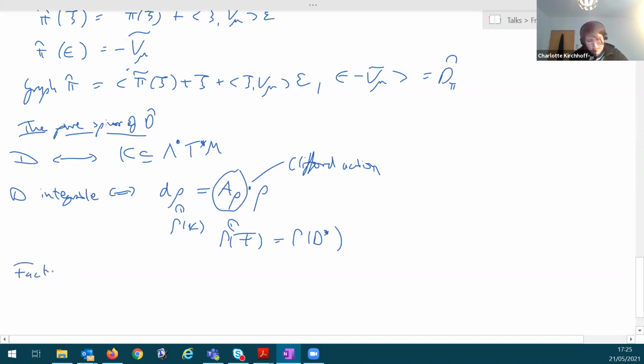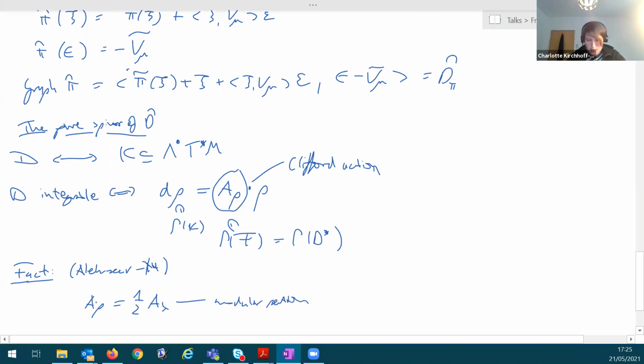And here's a fact that is proved in, as far as I'm aware, unpublished work by Alekseev and Xu. It's a preprint called Derived Brackets and Courant Algebroids, where the two authors show that, in fact, this A rho is equal to 1/2 the modular section that we had earlier.